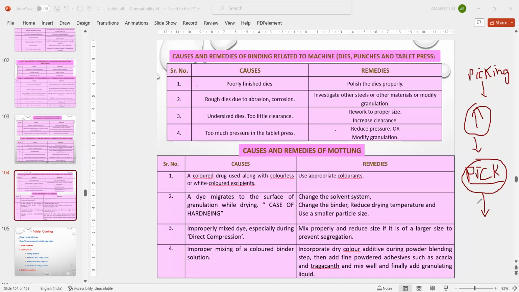I want to know the name of the material. Yes, very good, Vivek. We use chromium, very important, so that it will not pick up the mass from your tablet. For that we have to use chromium coated punches.